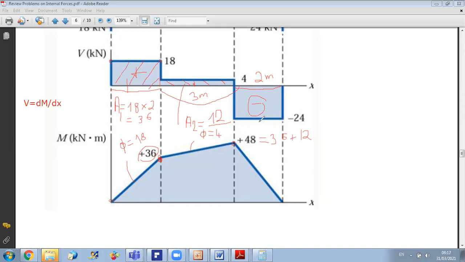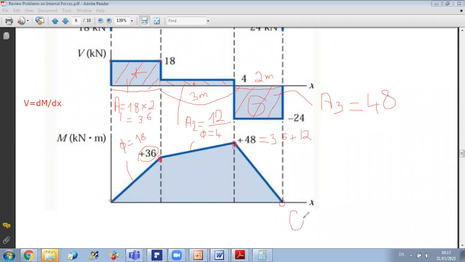When I have a negative shear, this means that my moment should be decreasing, and the decrease is equal to the area of this part between the shear and the x-axis. The area of this part, A3, is equal to 24 times 2 equals 48. And since it was plus 48, I should go down 48, so I will get back to 0.